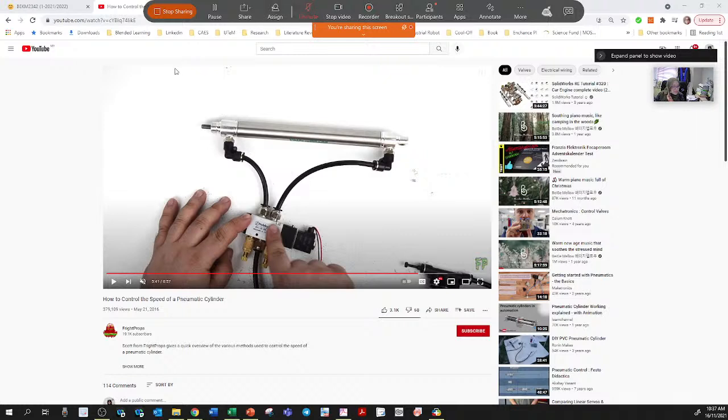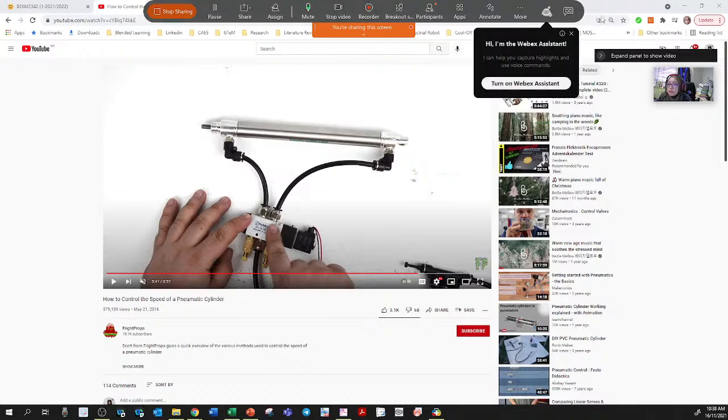Okay, so those two ways, plus another way, which is directly connecting to the direction control valve. So you should have three answers on how to control the pneumatic actuator.